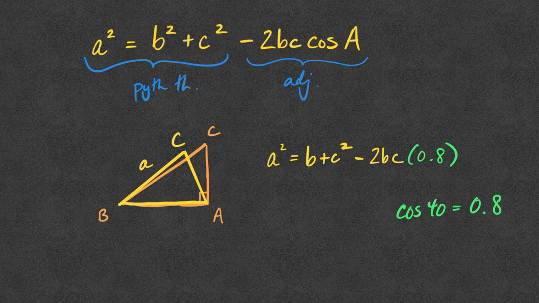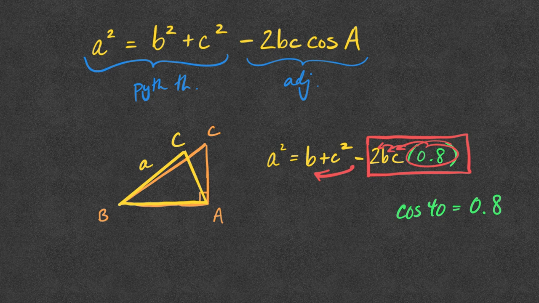So take a look at the consequence of that in our cosine law. I'm going to take my 0.8, multiply it by C, multiply it by B, multiply it by 2, and now that whole value that I just boxed in red, I have to subtract from my Pythagorean theorem.